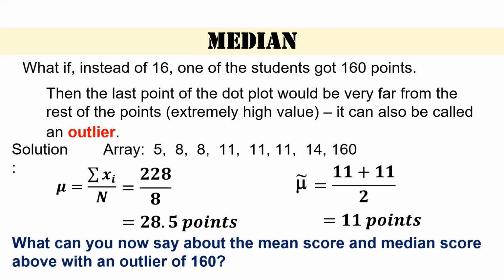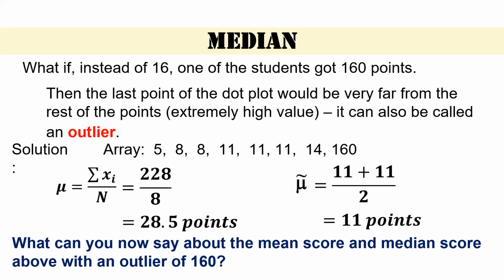So what have you noticed? What can you now say about the mean score and the median score with an outlier? What have you noticed with the mean? Did the mean change or not?